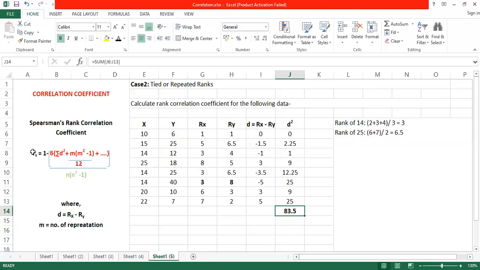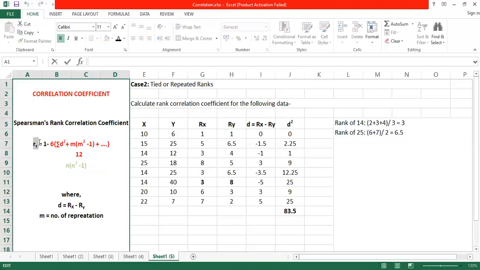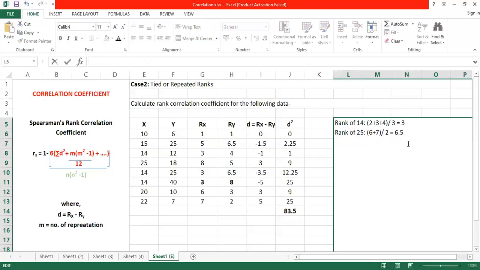Now, let us try to solve. We have Rs equals 1 minus 6 into sigma D square. Sigma D square is 83.5 plus, fine. M is, now this first factor we are adding for 14, right?